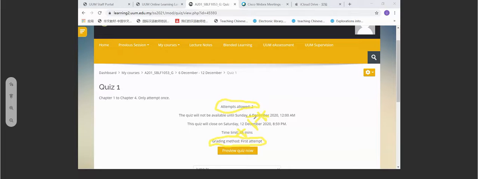The second attempt is only for students whose internet had a problem. They don't have a result for the first time, so they will do the second attempt. Once we download all your results, all the teachers can see very clearly when you started your quiz, when you finished, how much you scored on each question, and whether you have a record or not.